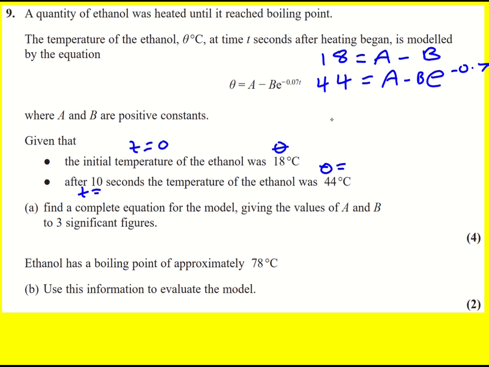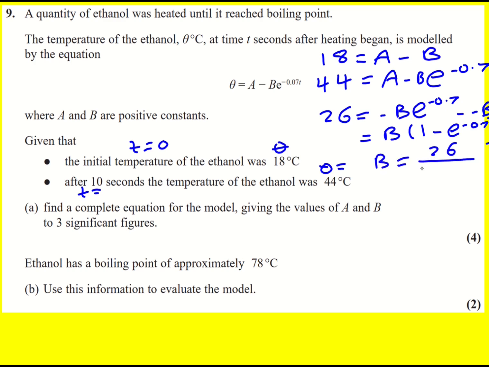I'll do the bottom minus the top, giving me 44 minus 18, which is 26, is equal to A minus A, which is equal to minus B e to the minus 0.7 minus minus B. And this will become B(1 minus e to the minus 0.7). Therefore, B will equal 26 over 1 minus e to the minus 0.7.